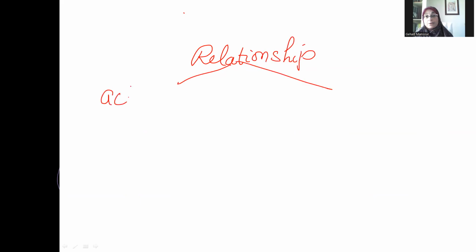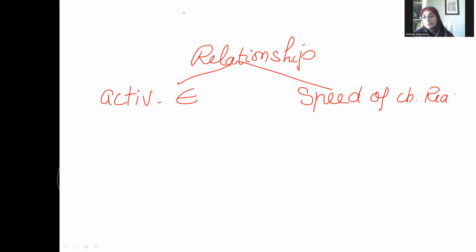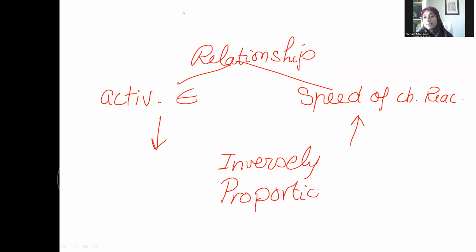So if I ever ask you about the relationship between the activation energy and the speed of chemical reactions, then you would say that as we diminish the value of the activation energy, the speed of the chemical reaction would increase, and therefore they are inversely proportional.